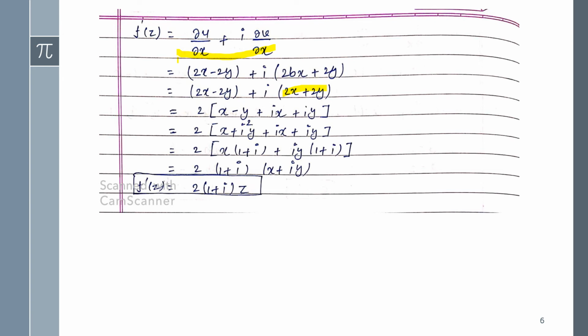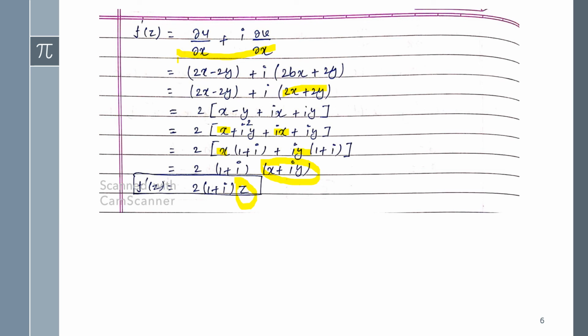So x plus i square y plus ix plus iy, and now I'm taking out the common x from both terms, so the remaining term will be 1 plus i, plus iy into the bracket 1 plus i. So 1 plus i and the another one x plus iy, and in place of x plus iy we can write z. So the derivative of the given function will be 2z into 1 plus i.